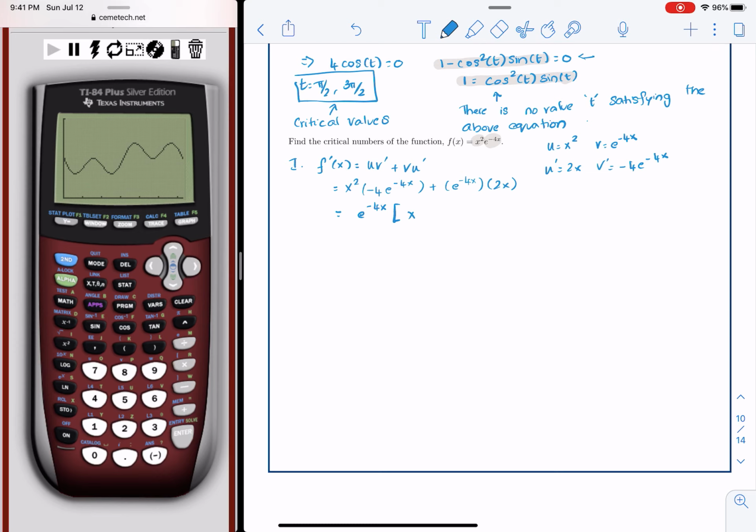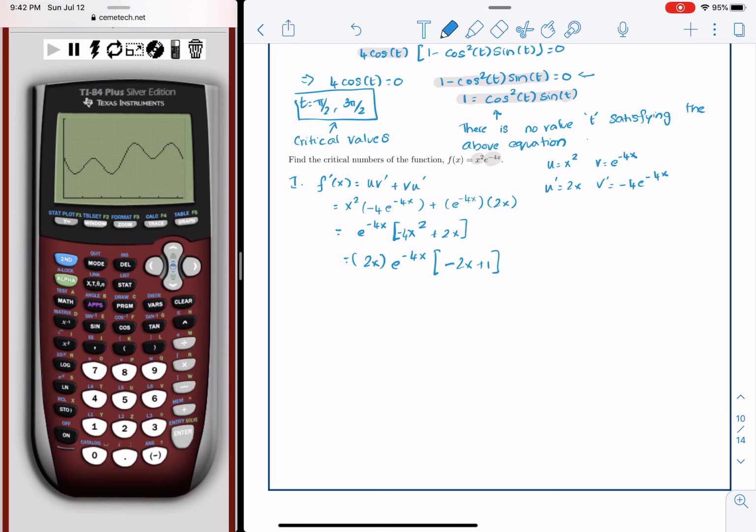And we have x squared times minus 4, which is minus 4x squared, plus 2x. And that would be the derivative. We also have a 2x in common. So if I pull 2x out, I have e raised to the negative 4x multiplied by negative 2x plus 1. Great.